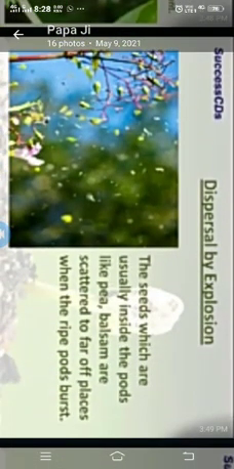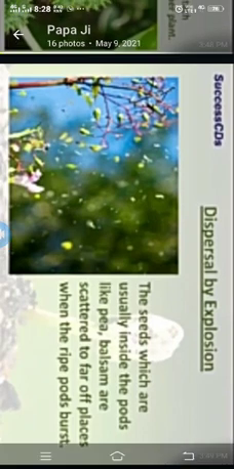Now dispersal by explosion. The seeds which are usually inside pods like pea, balsam are scattered to far off places when the ripe pods burst. For example, fruits of castor, balsam, violet, mustard and pea. These are examples of some plant seeds which disperse via explosion.